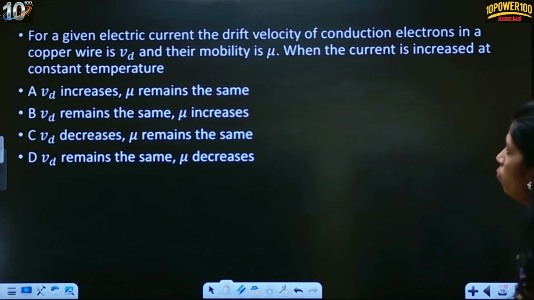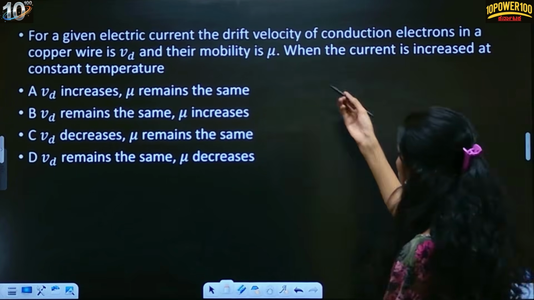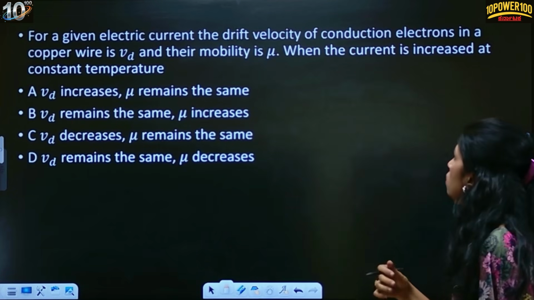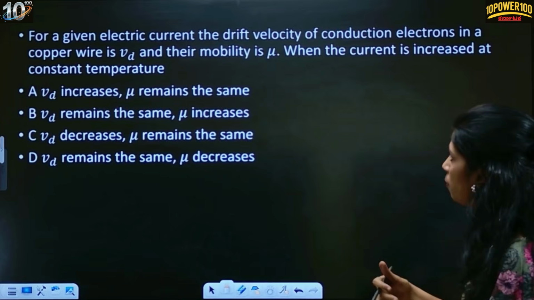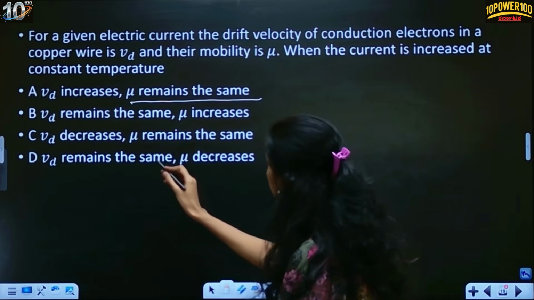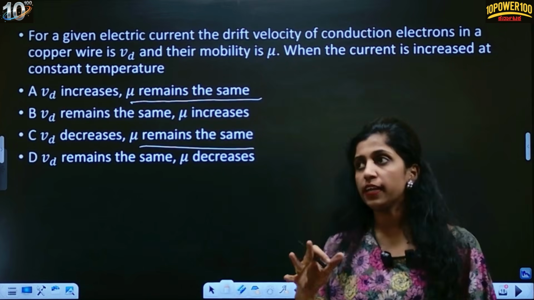Fine. Now drift velocity in a copper wire is Vd, and mobility is mu, we know that. When the current is increased at a constant temperature, what happens? Guys, one thing to remember, mobility remains the same, it is independent.